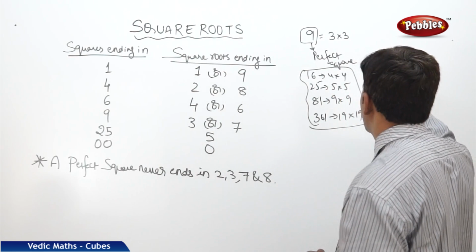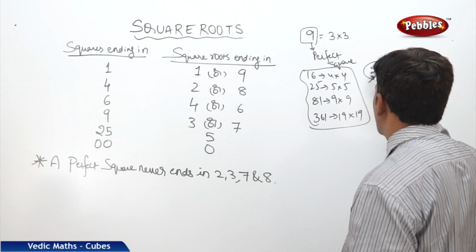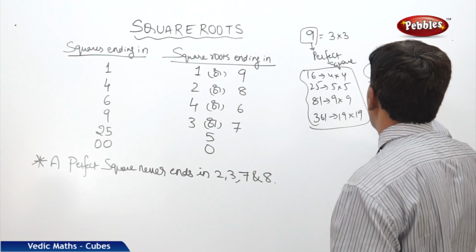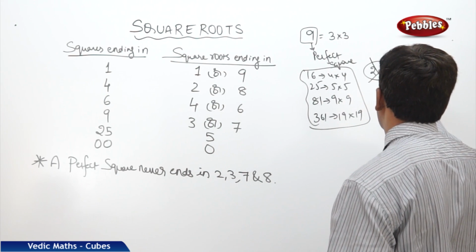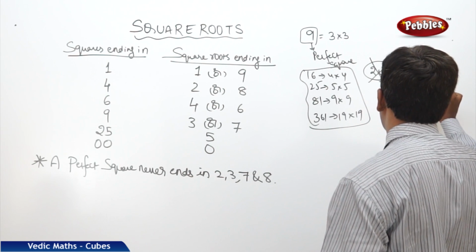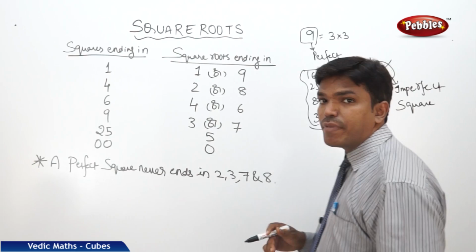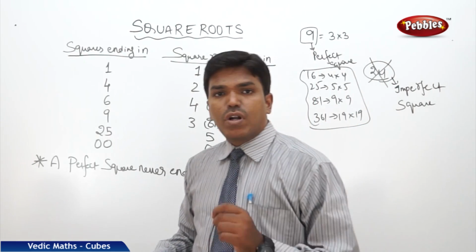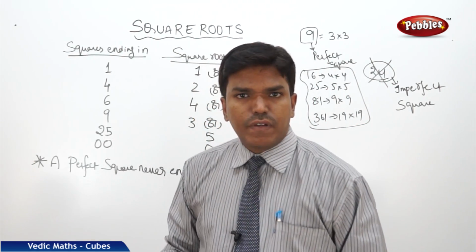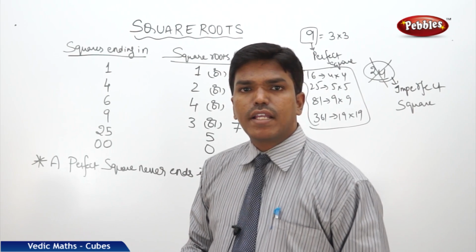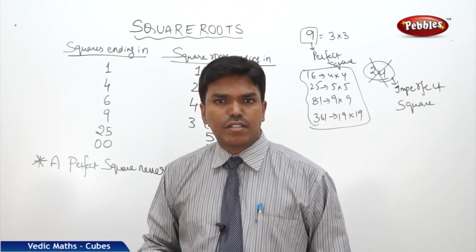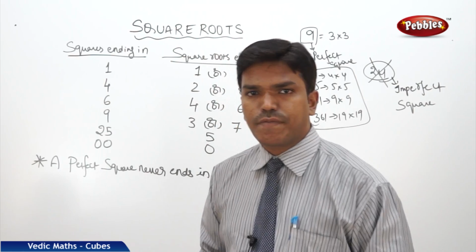So that's why 24 is not a perfect square. It is an imperfect square. Whatever square roots we are dealing with now are only for perfect squares. Now let us go into the concept first.